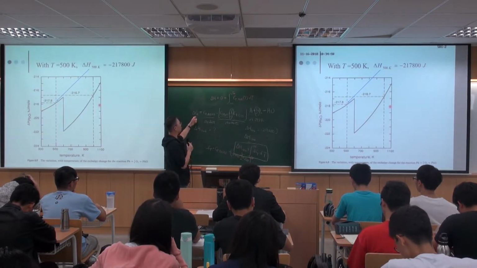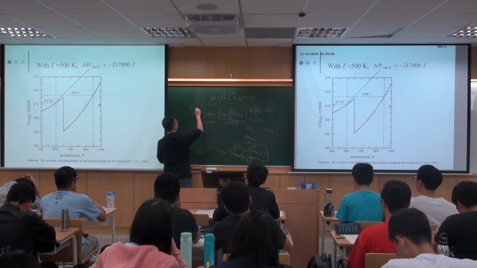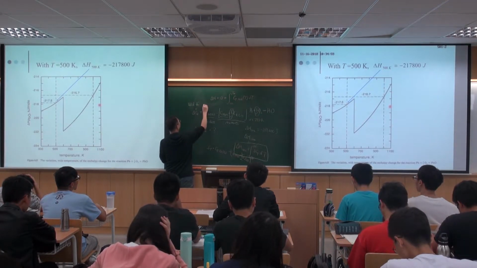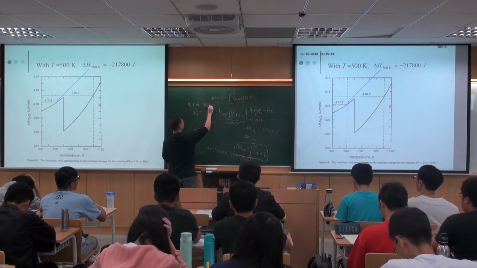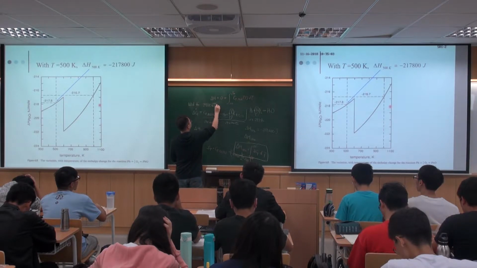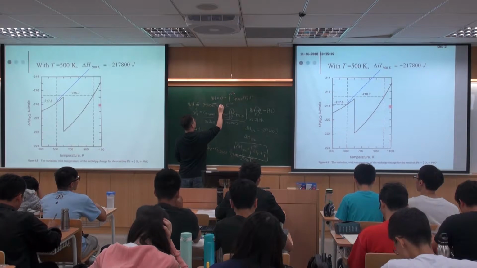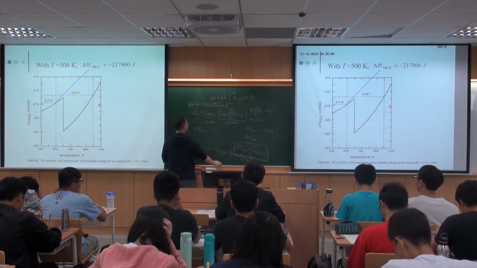So this delta Cp is only valid for temperature up to, say, 600 Kelvin. So this is important.